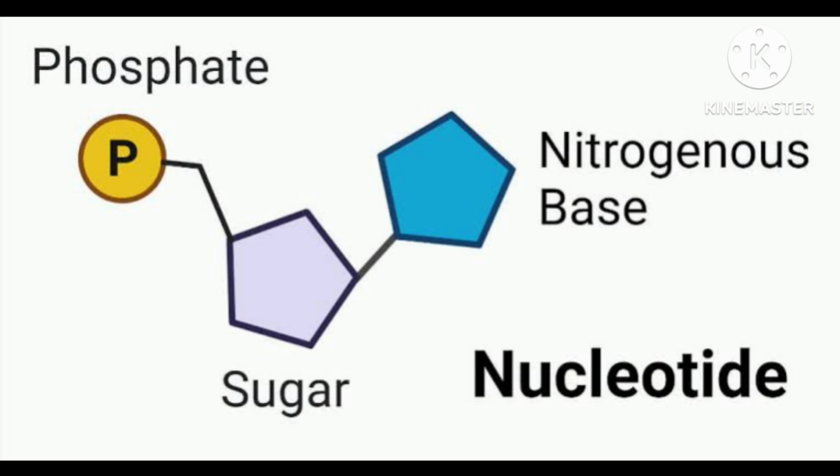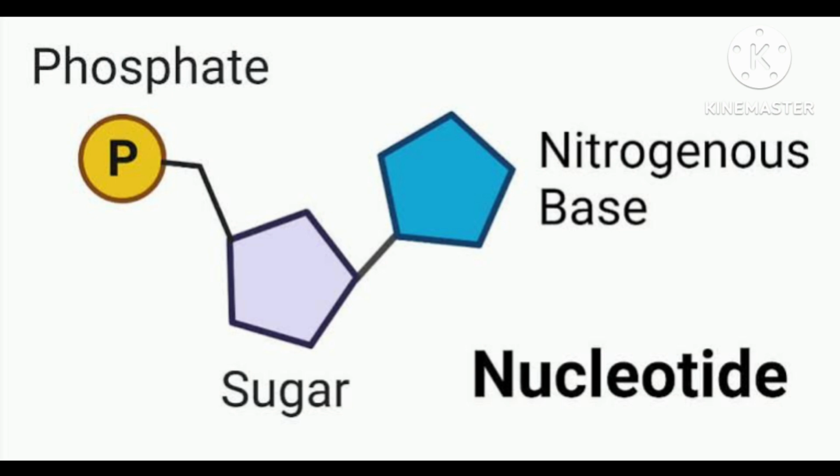Just as in alkyl you have seen there will be an ester group, RCOOR, here it will be an ester of phosphorus. In the place of R, P can be considered. That's why it is called a phosphodiester. But here R will not be there.